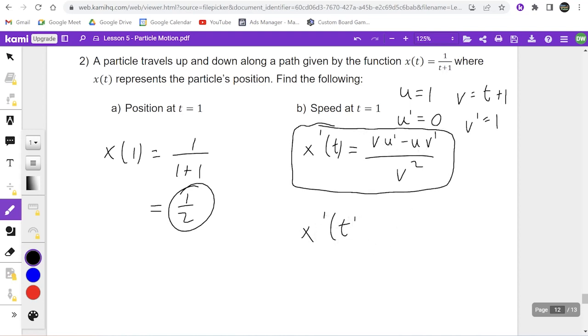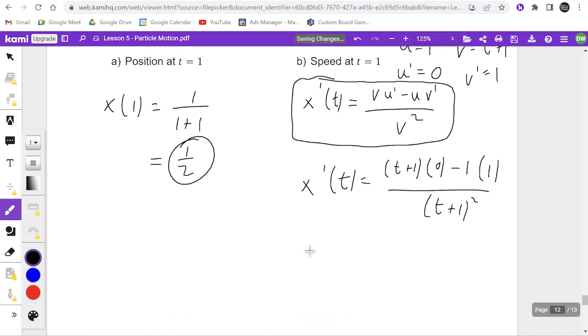So now for the derivative, it's going to be v, which is quantity t plus 1, times u prime, which is just 0. That whole thing will go to 0, actually. And then minus u, which is 1, times v prime, which is 1, divided by v squared, which is quantity t plus 1 squared. So basically our derivative, x prime of t, simplifies to -1 in the numerator, and in the denominator, the quantity t plus 1 squared.